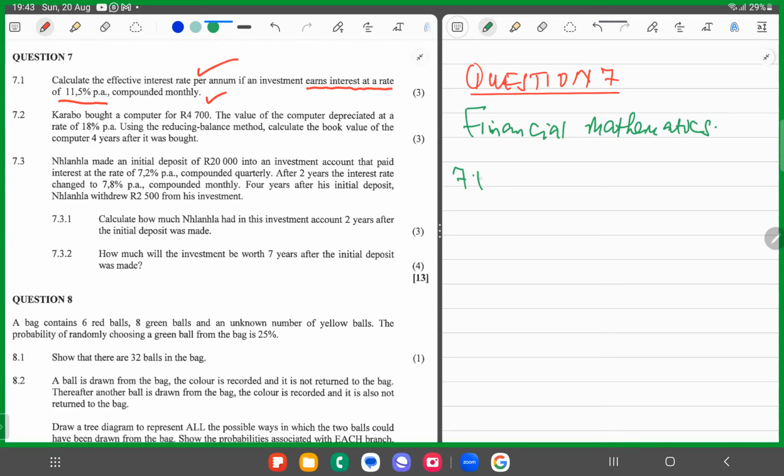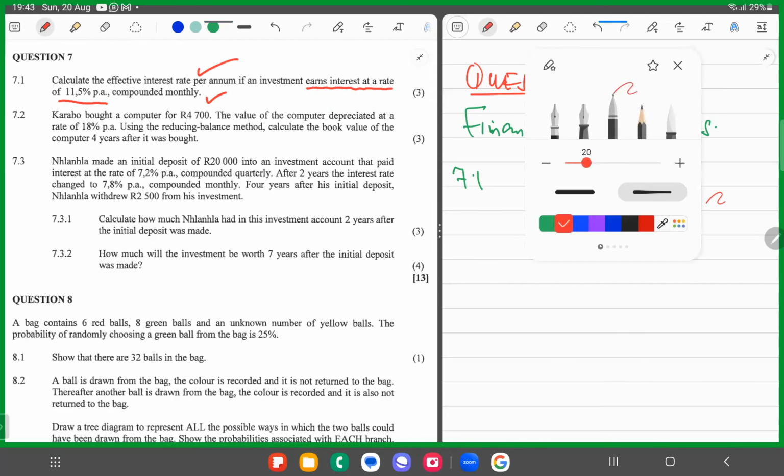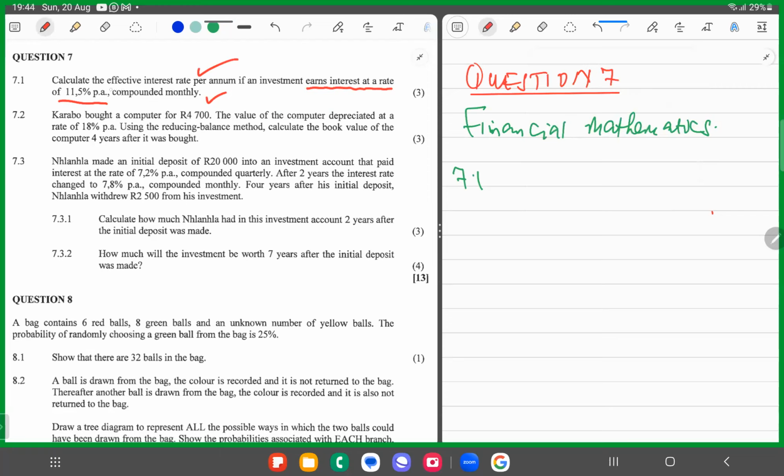Very straightforward question. What are we supposed to do? We need to calculate the effective interest rate if it earns that interest rate compounded monthly.